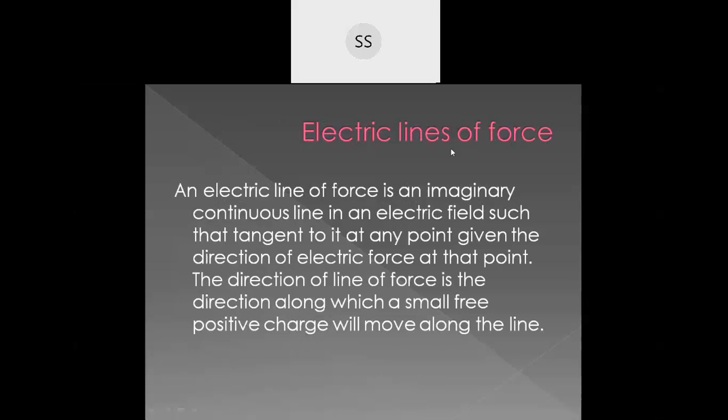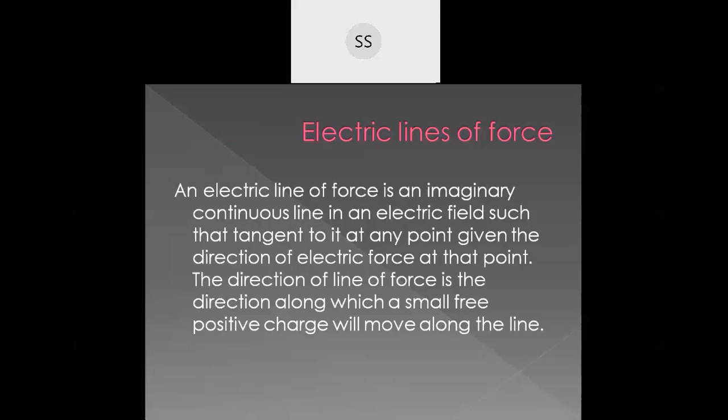Next topic is electric lines of force. An electric line of force is an imaginary continuous line in an electric field such that the tangent to it at any point gives the direction of electric force at that point. The direction of the line of force is the direction along which a small free positive charge will move along the line.